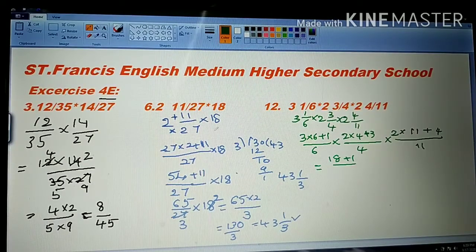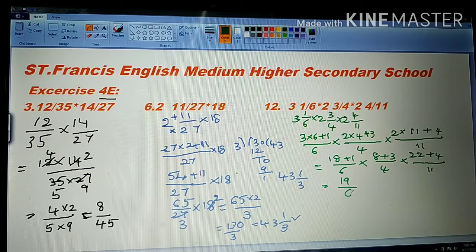Now I am adding all the terms in the numerator, after that writing the denominator as it is. 2 4s 8 plus 3 divided by 4, and into 11 2s 22 plus 4 divided by 11. What you get here? 19 by 6 into 11 by 4 into 26 by 11.